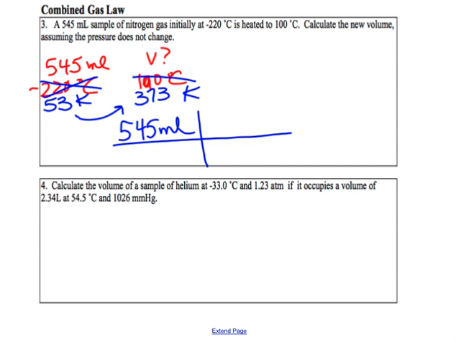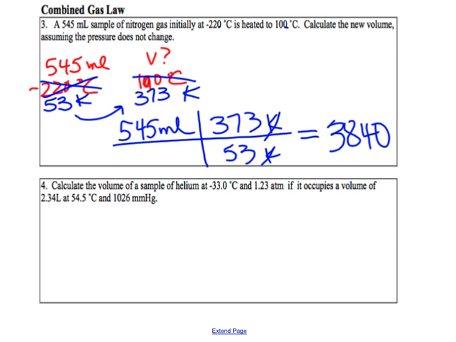Increase. So we're going to multiply by a ratio of 373 over 53. The Kelvin cancel, leaving me with a unit of mL to 3 sig figs. I'm just going to say all of the numbers in the problem have 3. 3,840 milliliters.